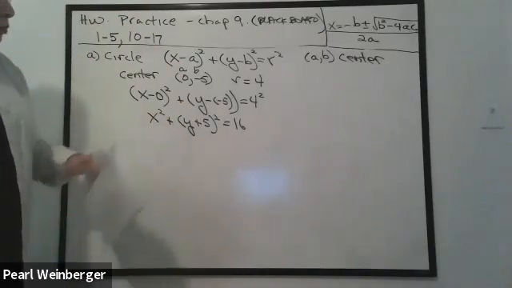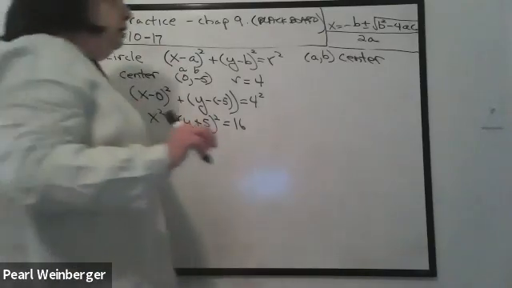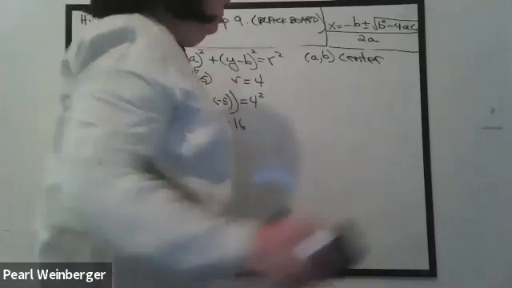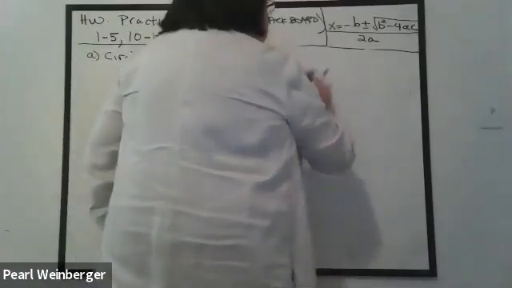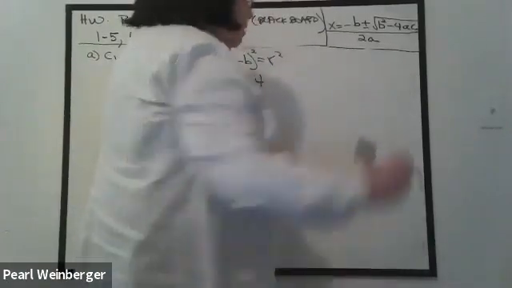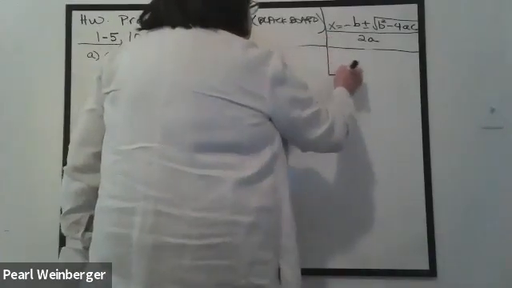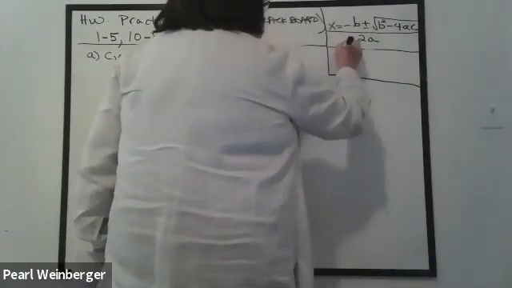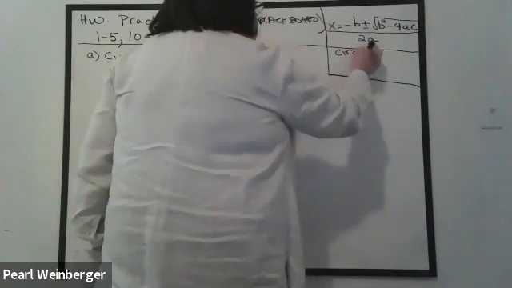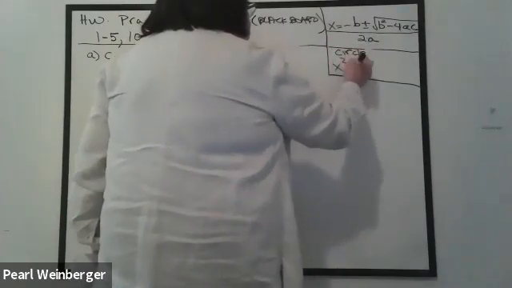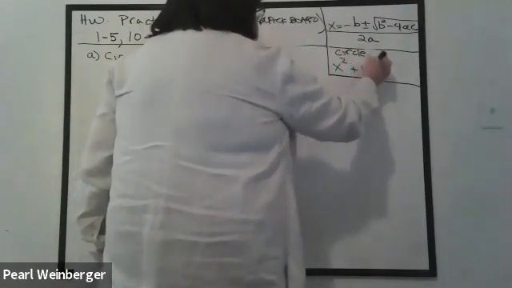The general look of the equation of a circle will always have in its equation an x squared and a y squared.